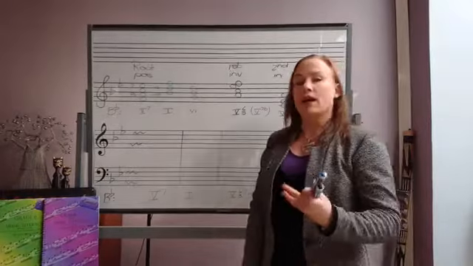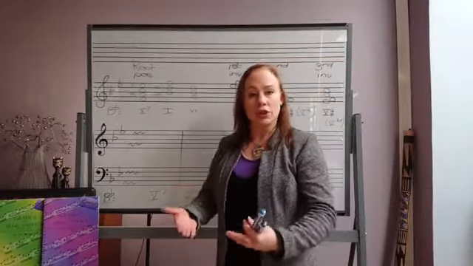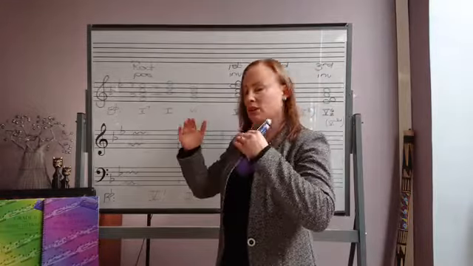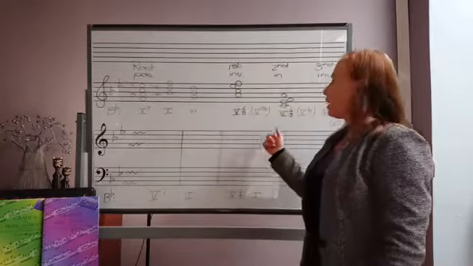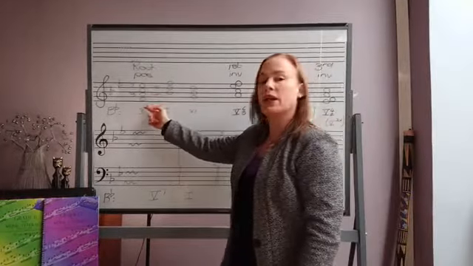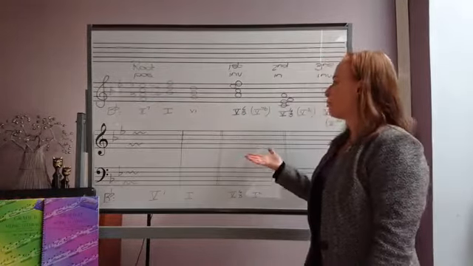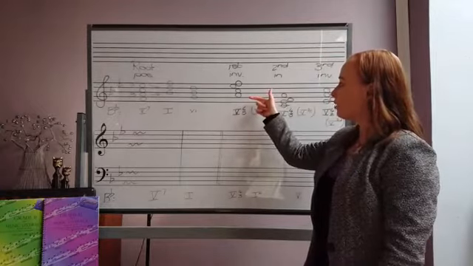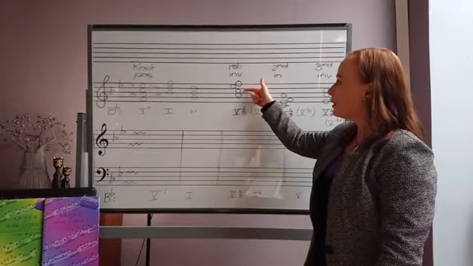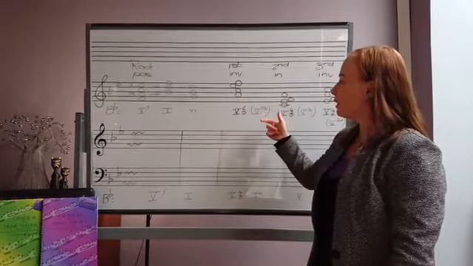So let's just quickly have a look at the different inversions of it. That's root position, and that is how you indicate it: 5, 7. Then first inversion, of course, the third is going to be the lowest note in the bass. I've written it out for you there. You can see it's F, A, C, and then we have the E flat.